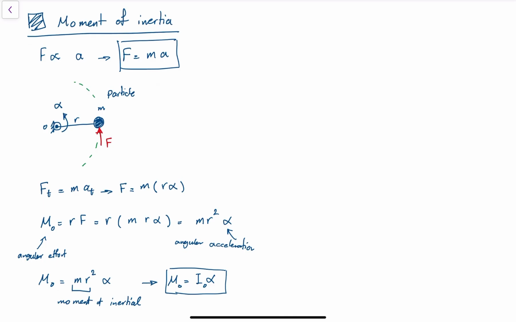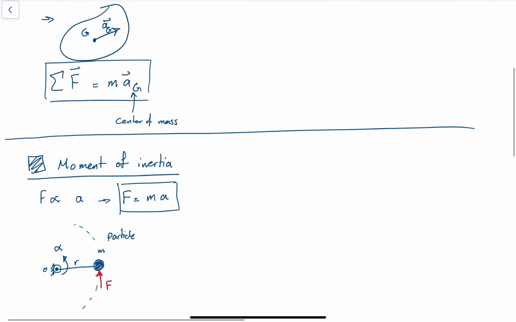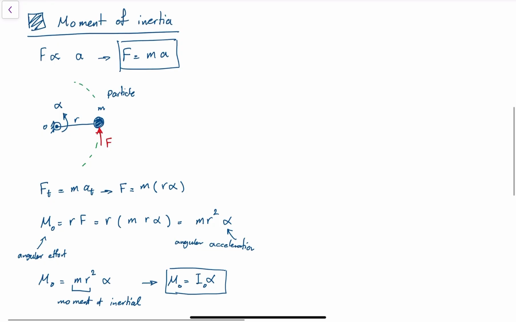All right, now imagine a different scenario. I have this mass m. Instead of being some mass, it is a tiny mass, dm.